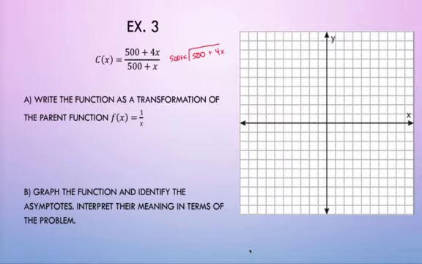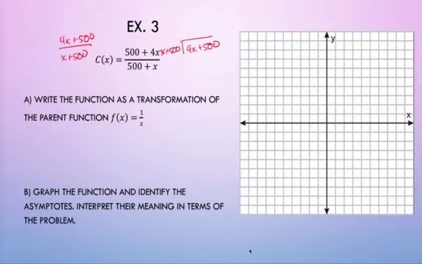And actually, I'm going to switch this around, and I'm going to write this as 4x plus 500 over x plus 500, just for the ease of my multiplication. So 4x plus 500 over x plus 500.